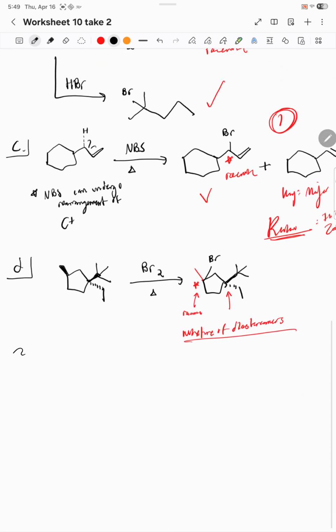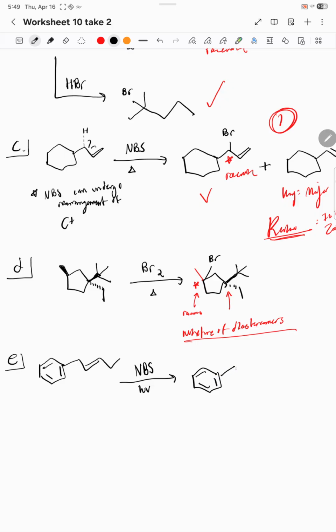Part E. Is this benzylic? Is this a benzylic ring? Now that we look at this, say we reacted under NBS and light, what would happen? Allylic rearrangement can happen, remember? So what would we get? We would get this benzylic product, alkene.